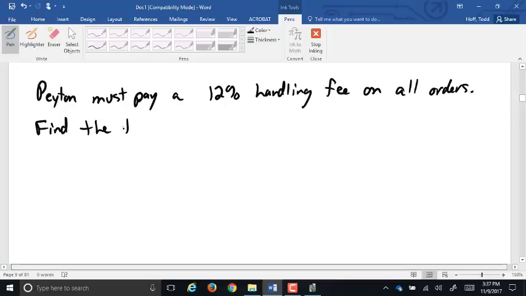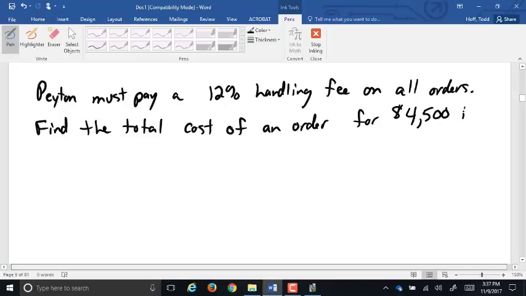Find the total cost of an order for $4,500 in merchandise.